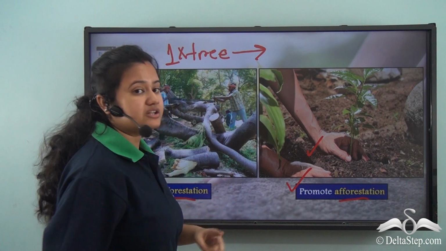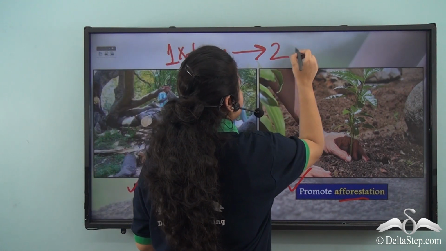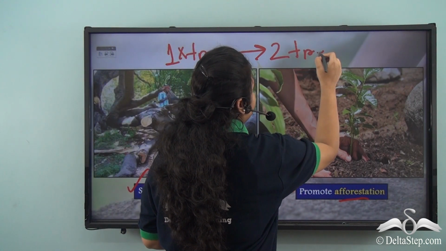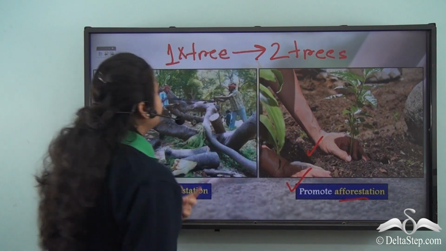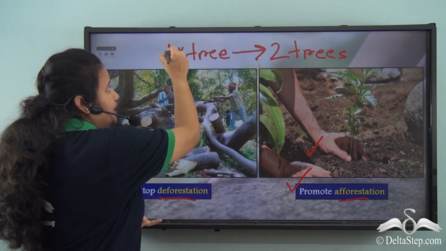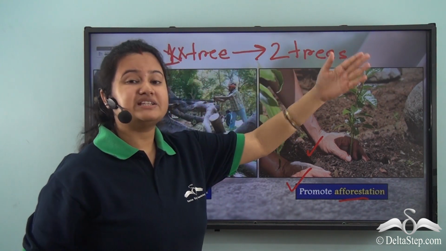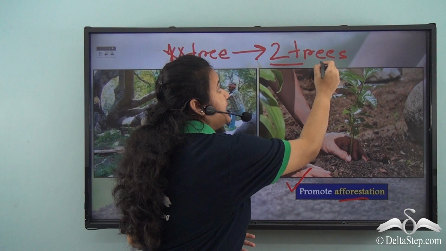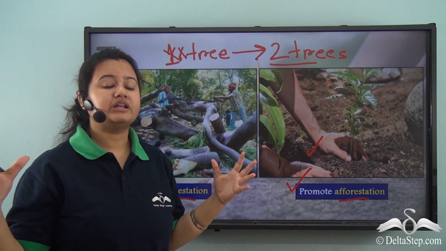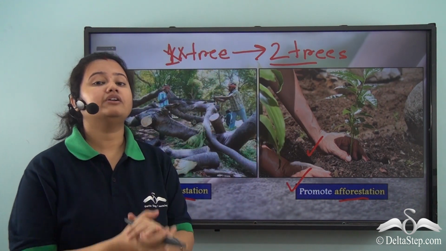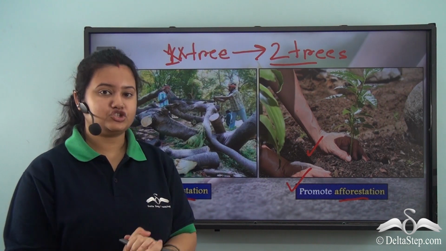If we are cutting down one tree in one part, we can instead plant two more trees in another part. And this will help to maintain the overall stock of plant resources in any region.